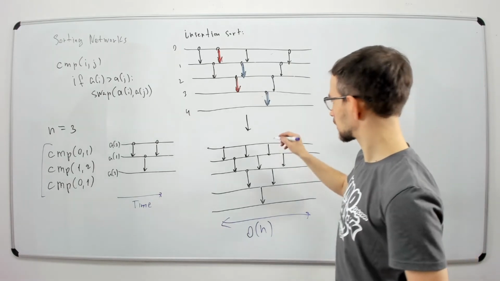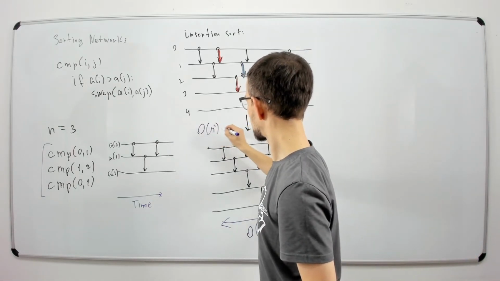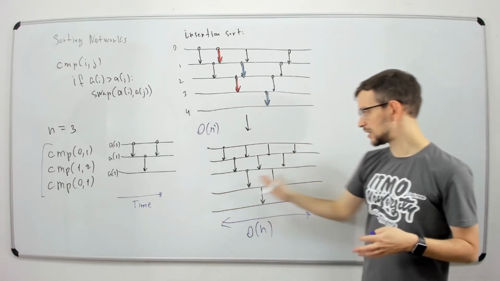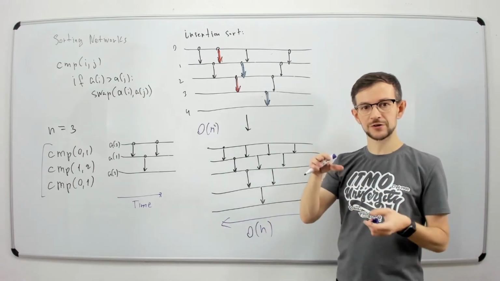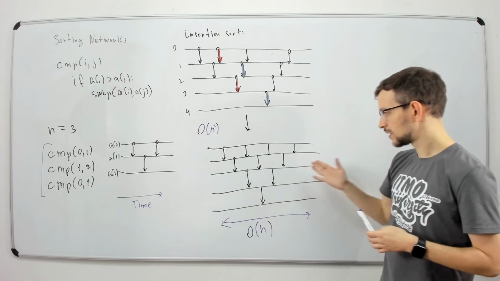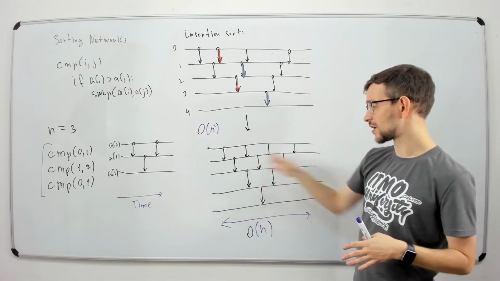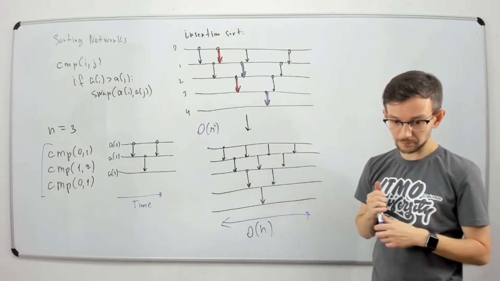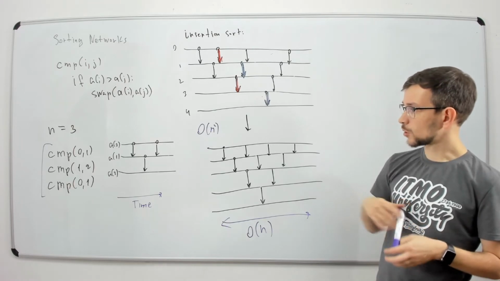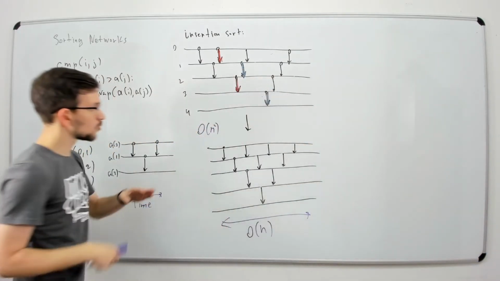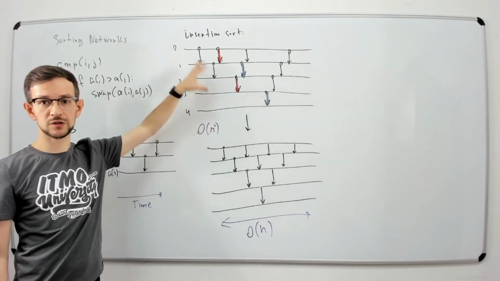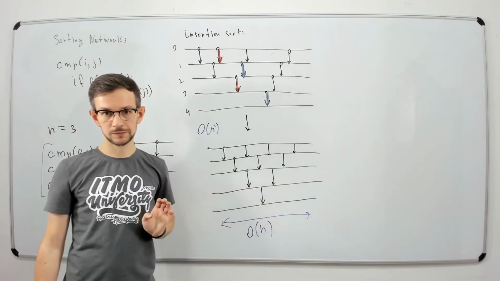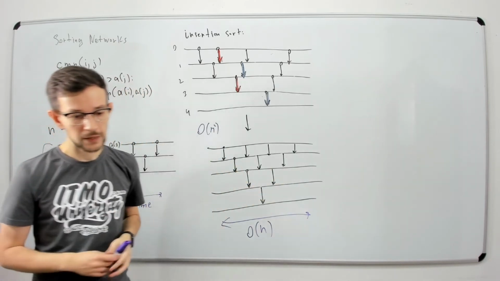So we have n squared comparators, but if we allow calling multiple comparators simultaneously, then the total, it's not time complexity, but it's like concurrent time complexity, something like that. So the total number of concurrent calls will be up to n. So these are the two parameters we want to optimize: the number of comparators and the total number of concurrent calls.